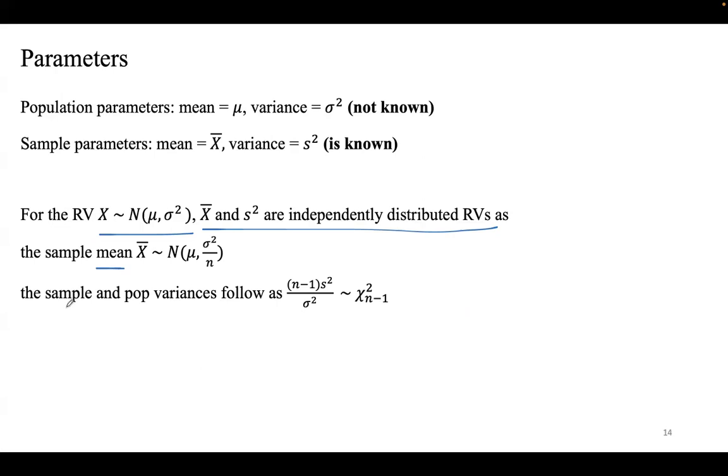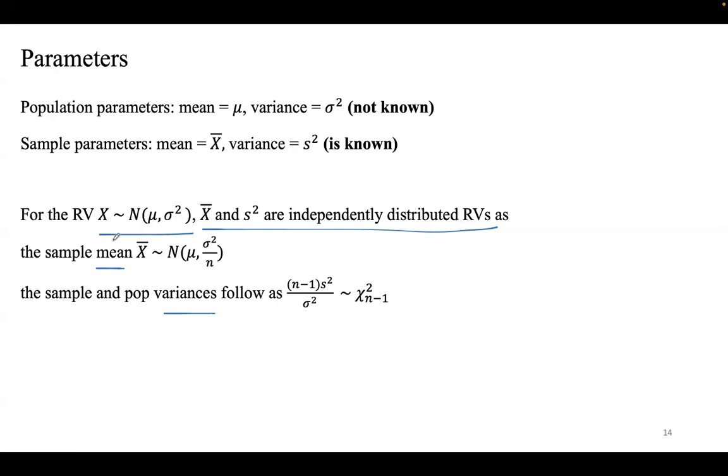And you can't calculate the sample variance directly, but s square divided by sigma square, times n-1, as we saw a couple of slides back, is a chi-square distributed random variable with n-1 degrees of freedom.